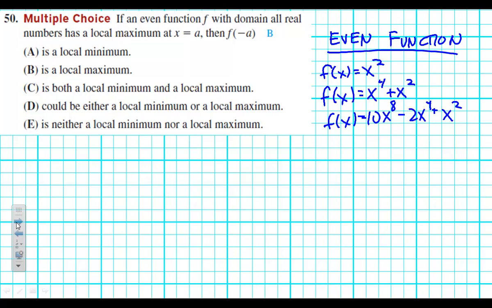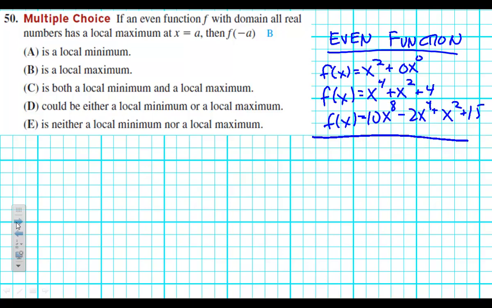And because x to the 0th, 0 is also an even number, I can add any constants onto here and they still remain even functions. That is me just giving a bunch of examples of even functions. That's item number 1. That's the easy stuff. Item number 2.